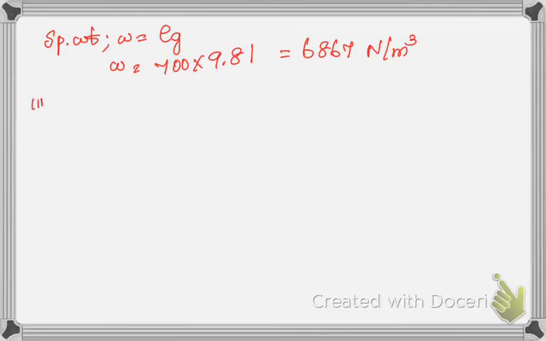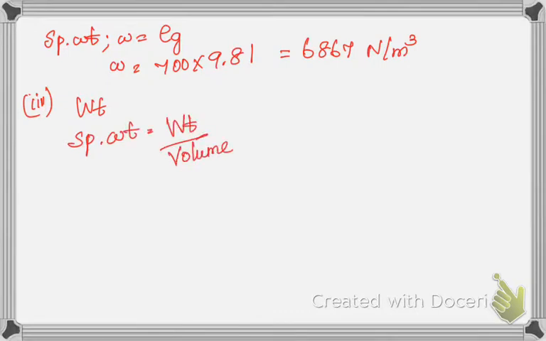And the third one we have been asked to find is weight. How can we get the value of weight? There is one more formula for specific weight: specific weight is equal to weight by volume. Using this formula, weight will be equal to volume into specific weight.